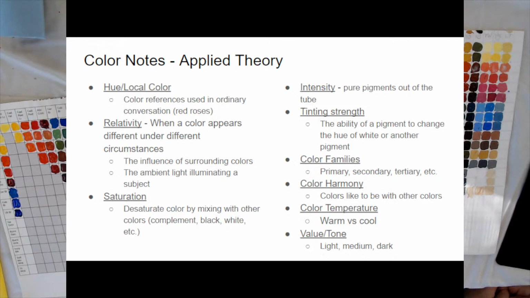Sometimes you'll see cadmium-free reds because cadmium is a toxic material. Because of being more environmentally conscious and for health and safety reasons, newer pigments have been developed to replace some of the more toxic ingredients in our paints.